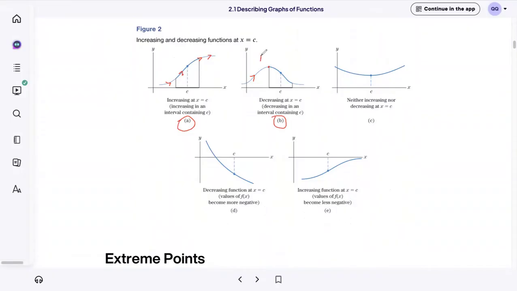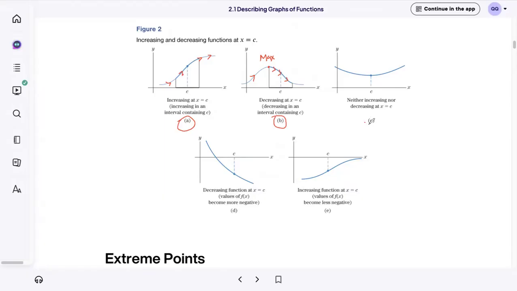This point we actually call max, because this point has the maximum function value, or y value, because all other points are lower. So we call this point maximum. Then from this point, the function started decreasing. We always talk about from left to right.